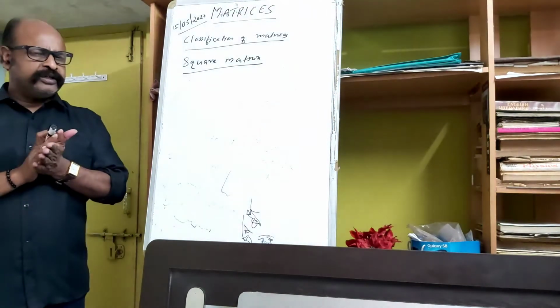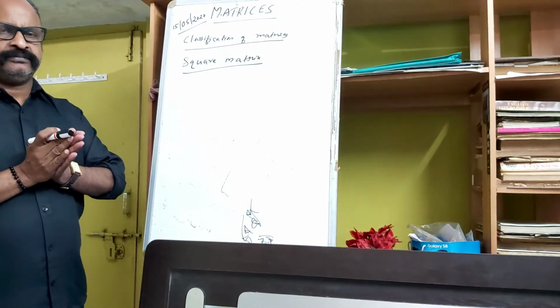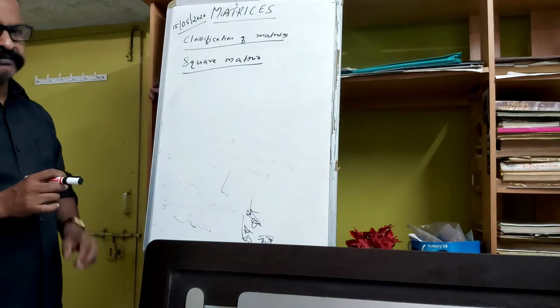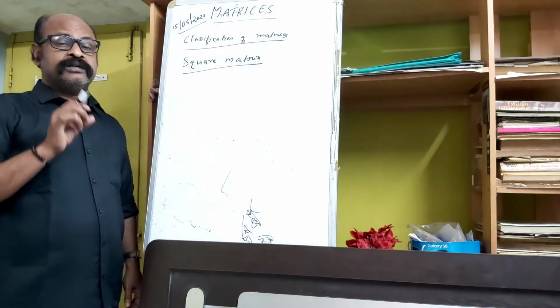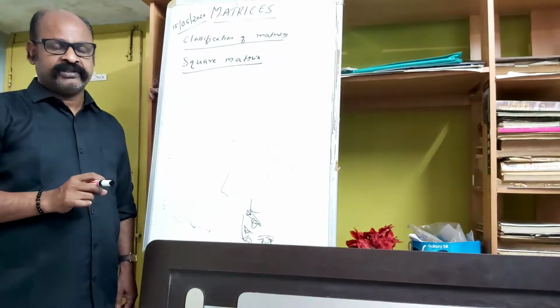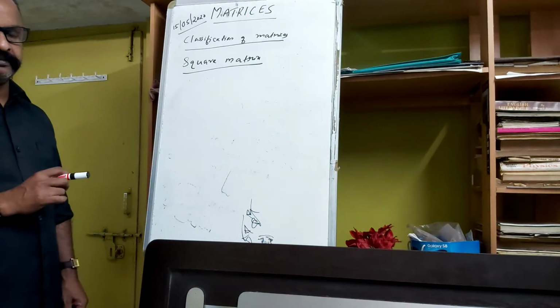In the very definition of matrix, we said a matrix is a rectangular array of numbers arranged into rows and columns.